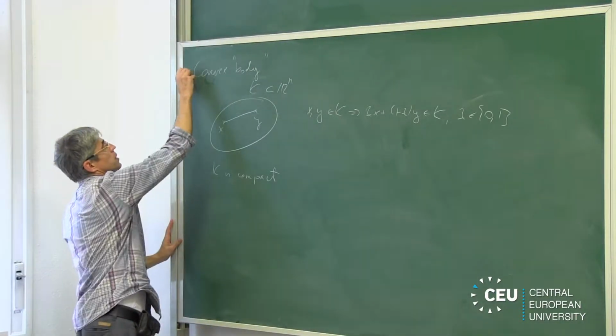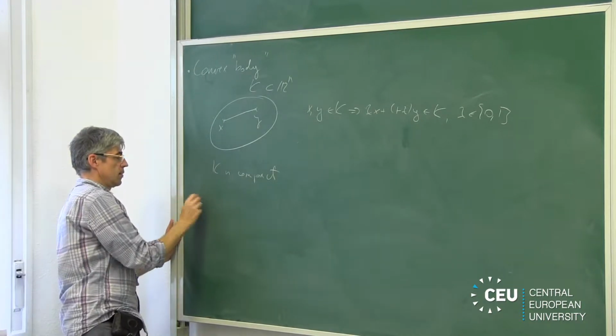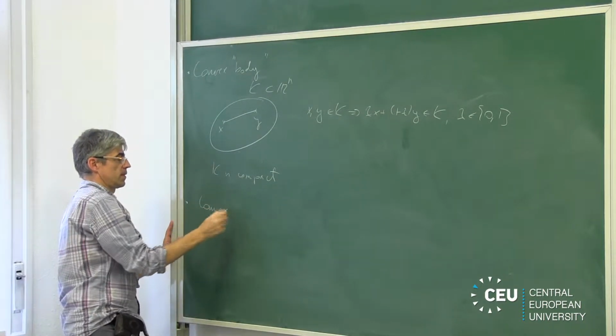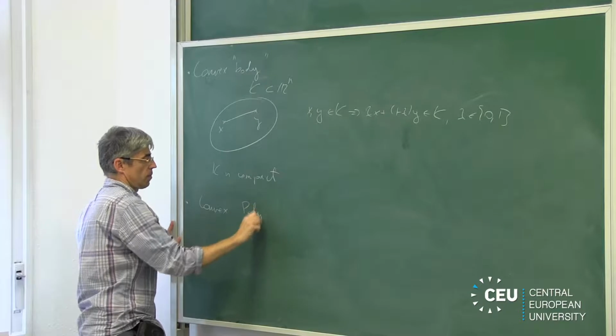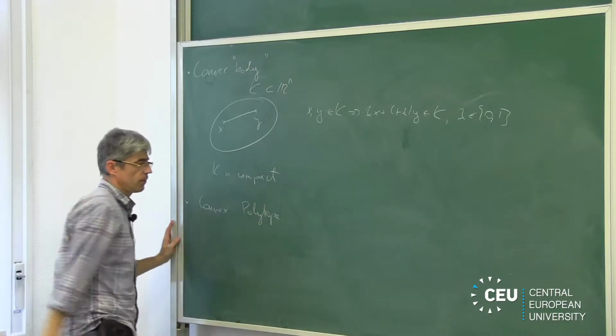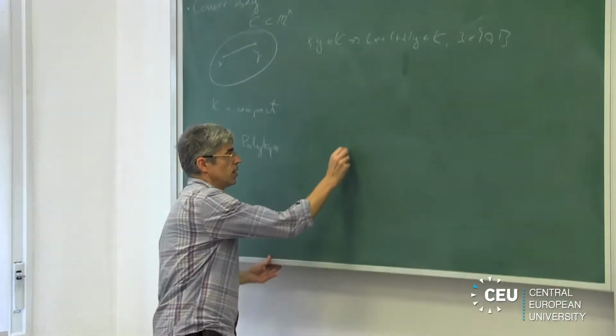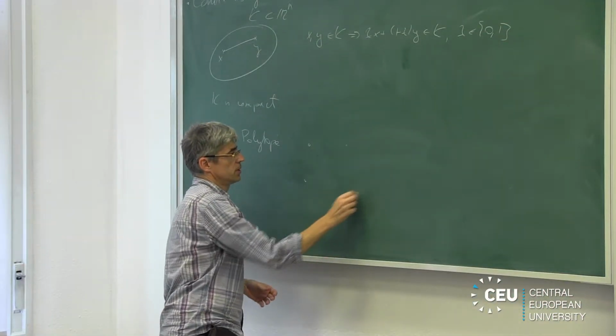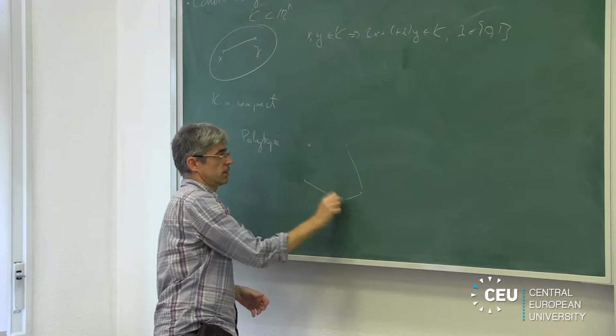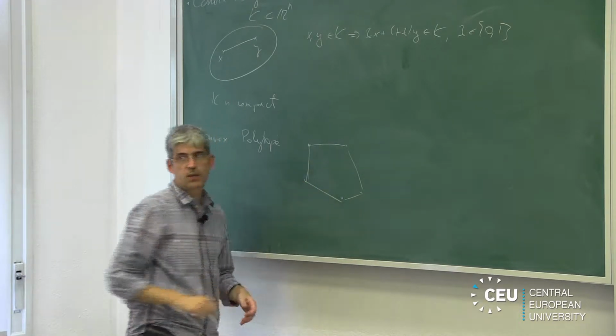Another player will be a special type, the convex polytope. It means that it's a more discrete object. You have finitely many points, and you take the smallest convex set that contains them.